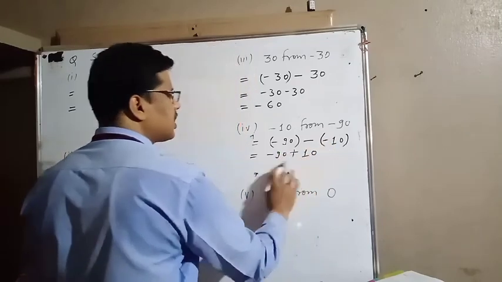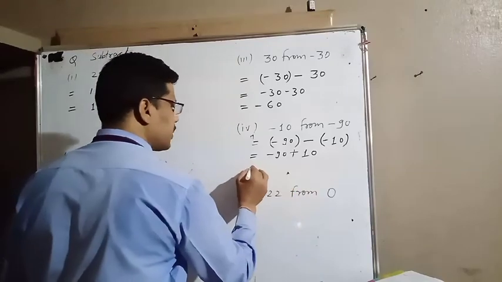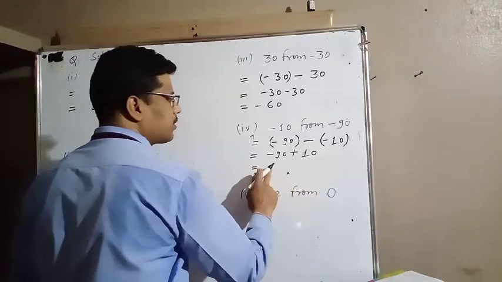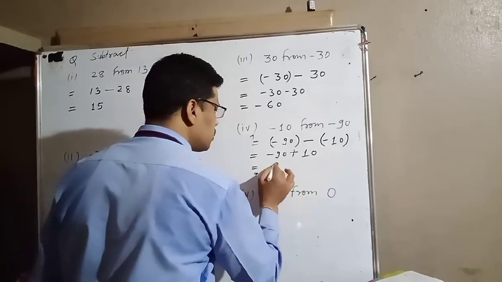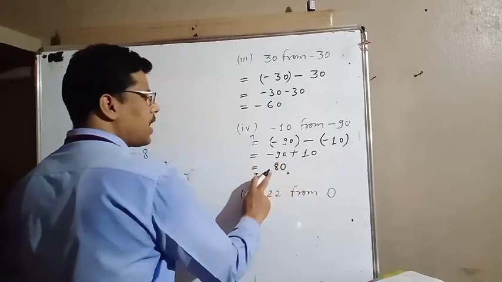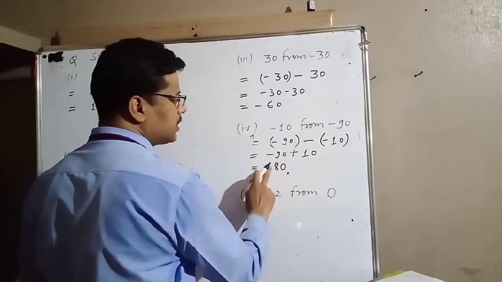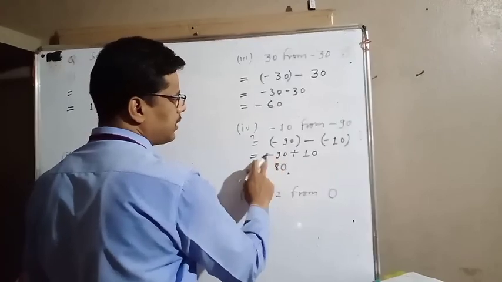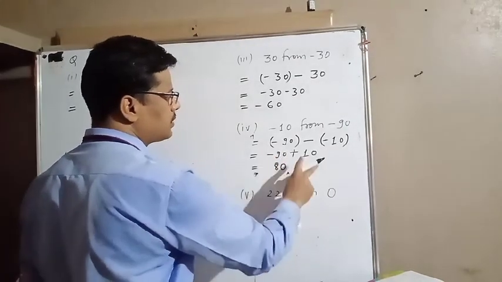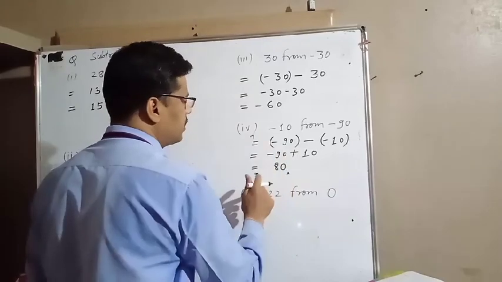Now these two integers have different signs, so we will subtract. If we subtract, what do we get here? 80. Minus 80. Why do we get the minus? We have to place the sign of the greater number. The greater number here is 90, regardless of its sign. When you subtract, you have to compare regardless of the sign.